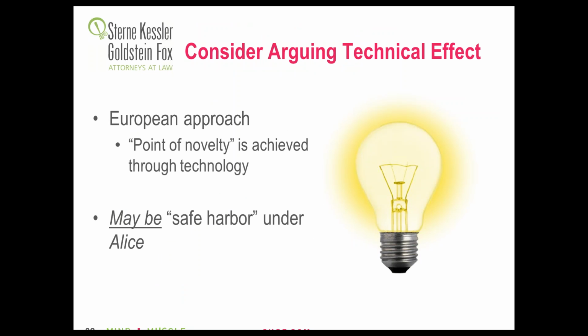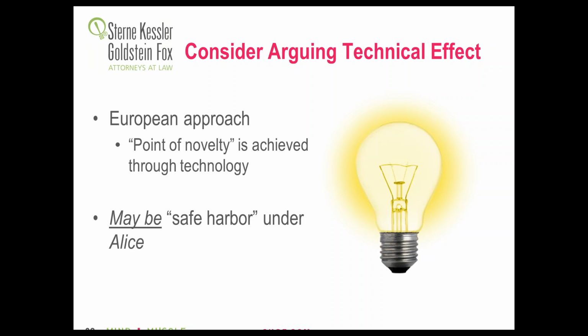Something else to consider arguing is the point of novelty approach. If you can point to a specific point of novelty that's implemented in technology, so you automatically know that it's not found in the prior art, so it can't be fundamental, those types of technical effects may be very, very useful and persuasive to an examiner. And I'll mention that the point of novelty test is not the test.